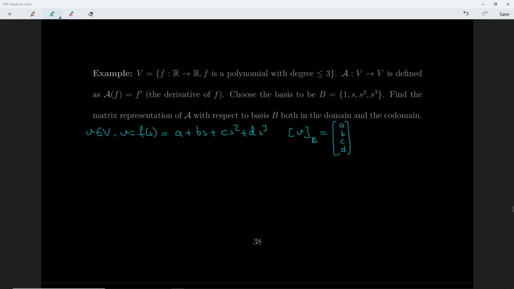All right. So what is the linear transformation of f? Let's say A of f is equal to d/ds f of s. Okay. And that will be simply equal to b plus 2cs plus 3ds square.